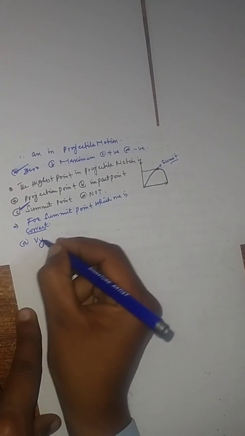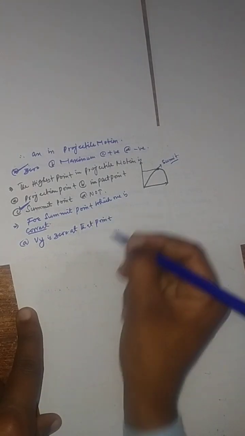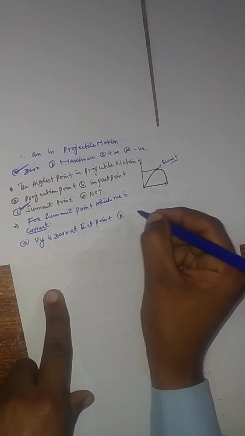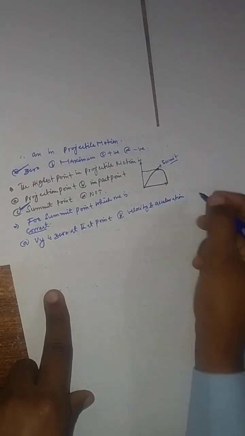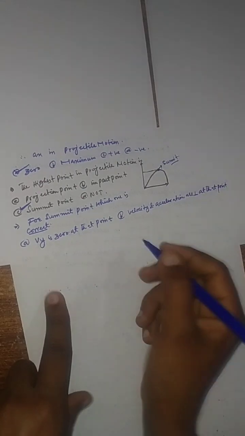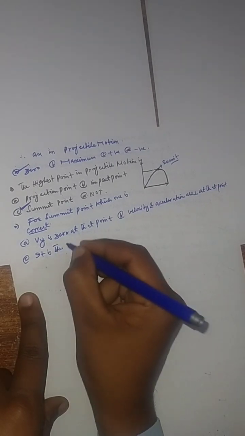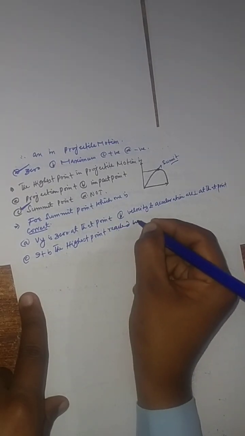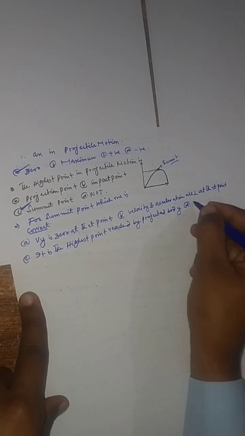Let's say Vy is 0 at that point, or we may say that velocity and acceleration are perpendicular at that point, or that it is the highest point reached by the projected body, or D, all of these.